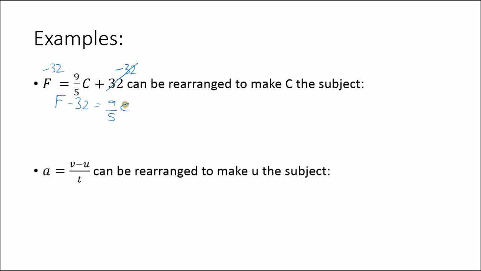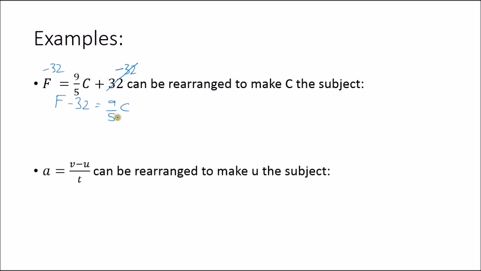Now there are two ways I can approach this. One of them is that I can think about this as being one fraction, and so I can divide the left-hand side of my equation by the one fraction. Alternately, and this is possibly simpler, I can do it in two steps. So I've got a multiplication and a division.